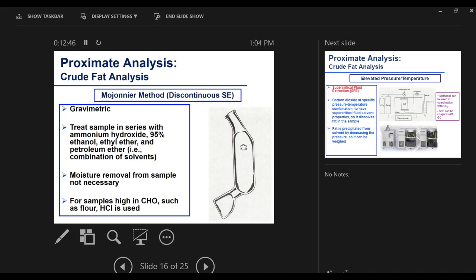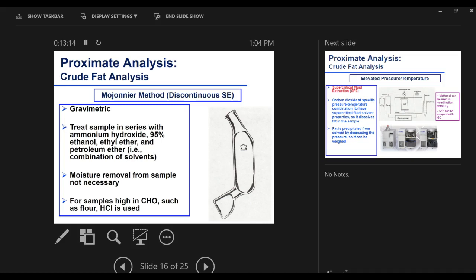For Mojonnier, we didn't have to dry your high moisture foods like the cheeses. There was no need to dry that. The reason that in Soxhlet we dry and here we don't dry is very, very simple. In Soxhlet there is no shaking, no stirring, so there is no kind of enticing of that solvent to penetrate and get into your fat without being hindered by the moisture content.